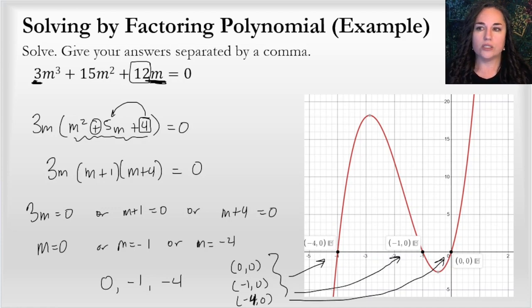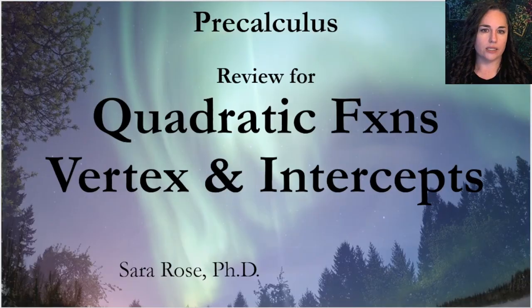The last thing I wanted to talk to you about in this lesson is quadratic functions, their vertex and their intercepts. So we have been solving, when you solve the quadratic function set equal to 0, you're going to find the intercepts, right? So we're going to look at those a little bit more in depth. You may have seen this before. You may have touched on it. You may know it already.